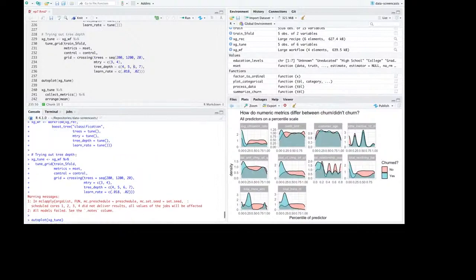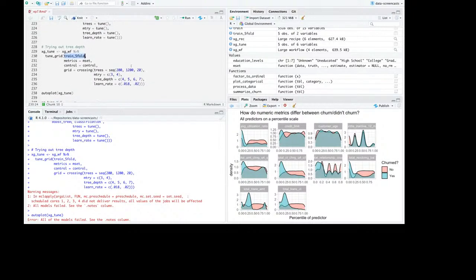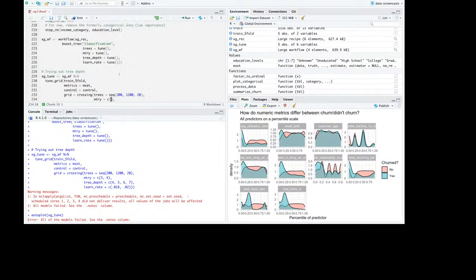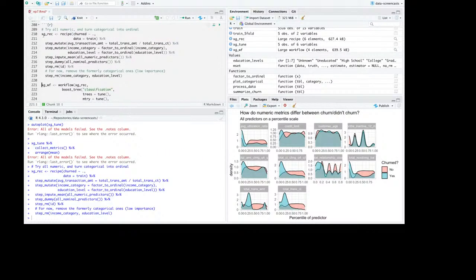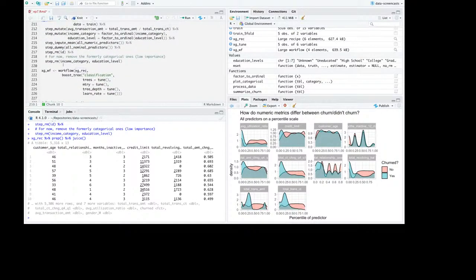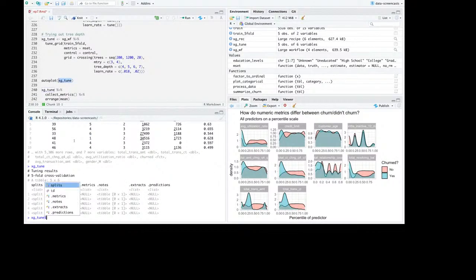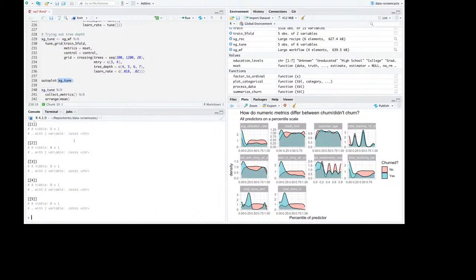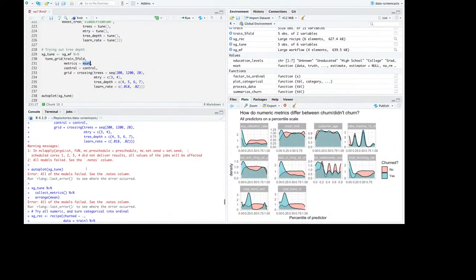There. Oh, all the models failed. For real? Haha. Okay, let's see what I did wrong. Here's one thing I'm going to try. I'm going to do xgrep prep juice. That at least didn't fail. Oh, metrics, mset. Let's see, all the models failed. So the notes column.